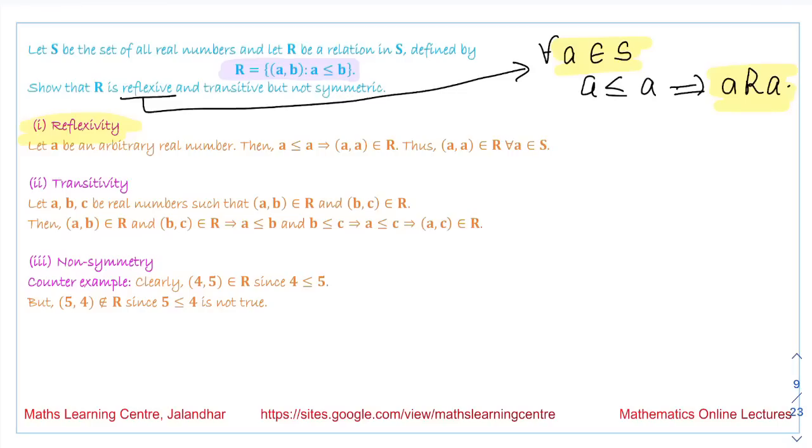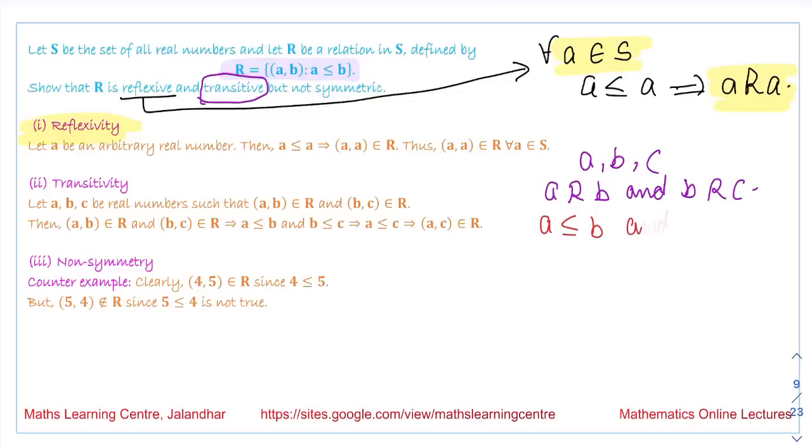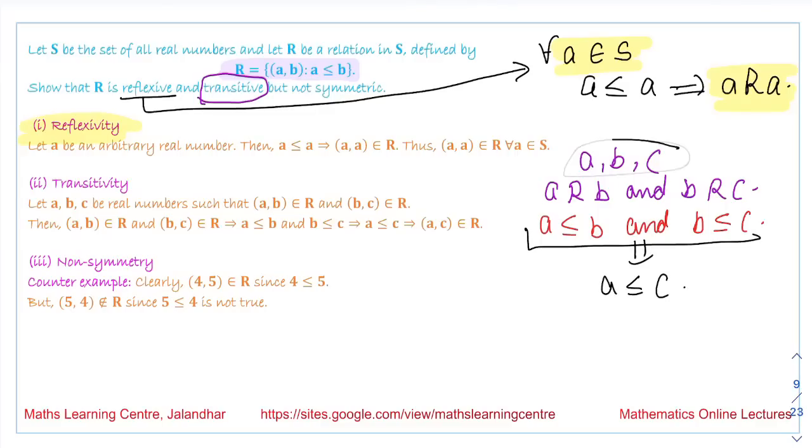Second, we are considering A, B, C. We are talking about now the transitivity. We are saying A, B, C are such that A is related to B and B is related to C. A is related to B means A is less than or equal to B and B is less than or equal to C. Then we will have A is less than or equal to C, because A, B, C are real numbers.